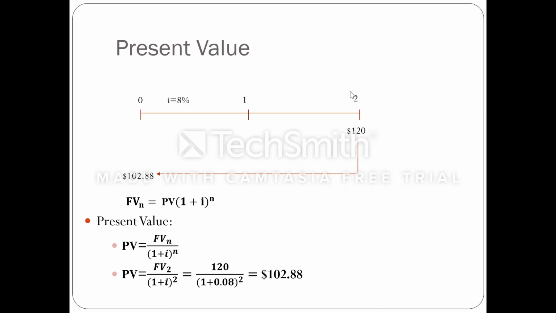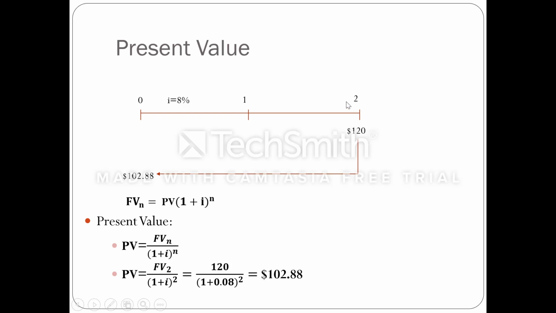In that case, you will simply manipulate the compound interest formula and bring this 1 plus I from the left-hand side, where it will go into the denominator. So if you do the algebraic manipulation, you will end up getting present value is equal to future value divided by 1 plus interest raised to the power n.